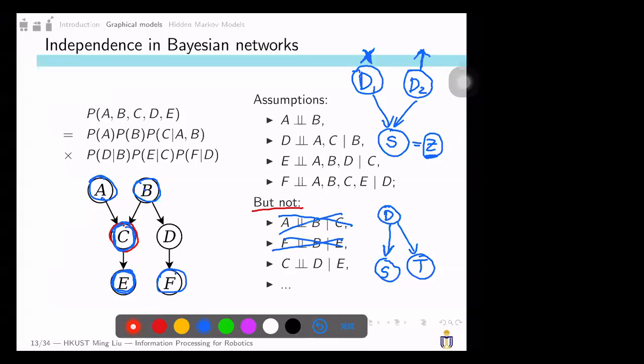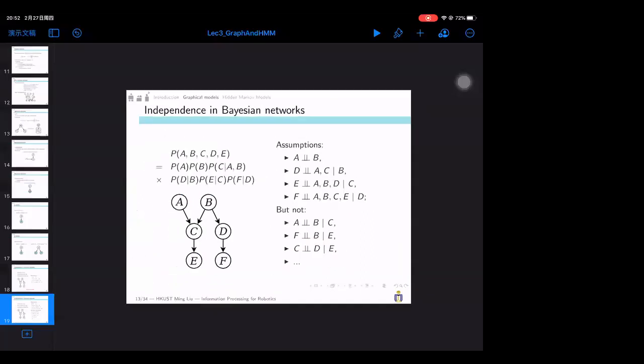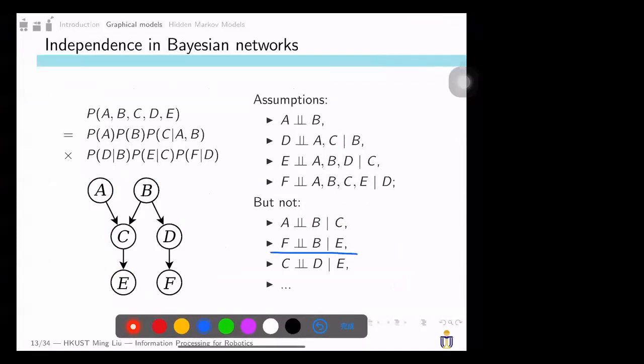So if I give you a graph, I can ask so many questions. How could you guess the correct answer? You cannot do this kind of analysis every time; it's too complex. You think, okay, I have two doors and one sensor, so they will be dependent. How about E and B, F?